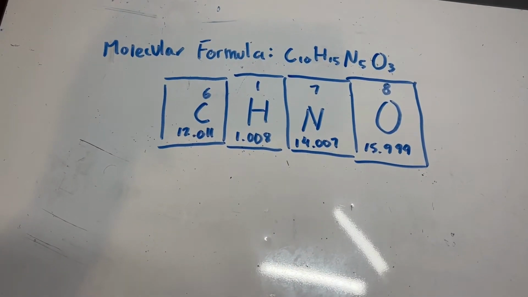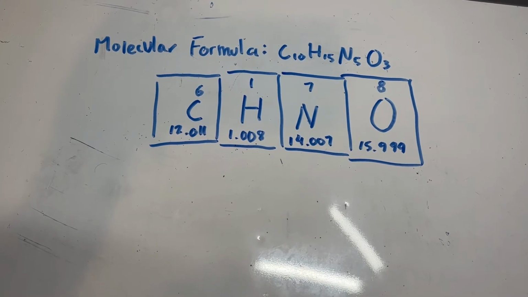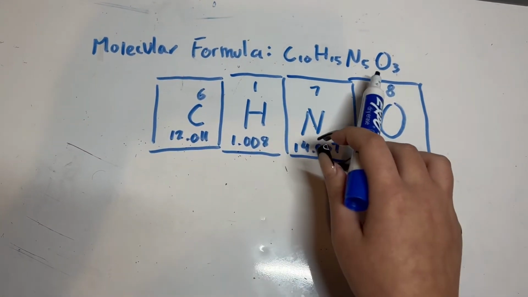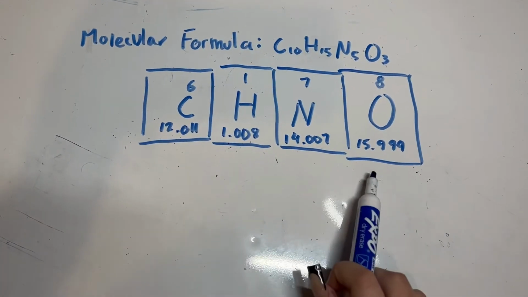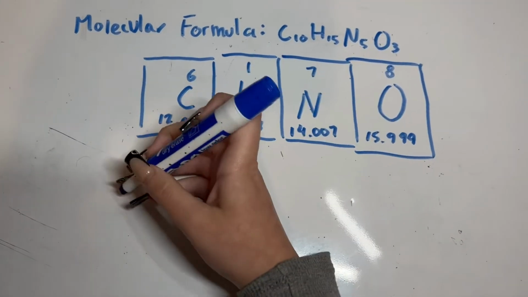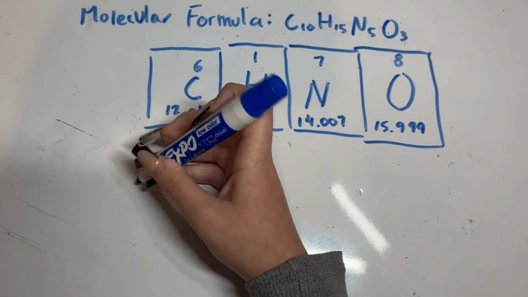So now we're going to do the molecular formula and molar mass calculations. I already have my molecular formula on here. I got this from the periodic table. And now we're just going to do the formula.